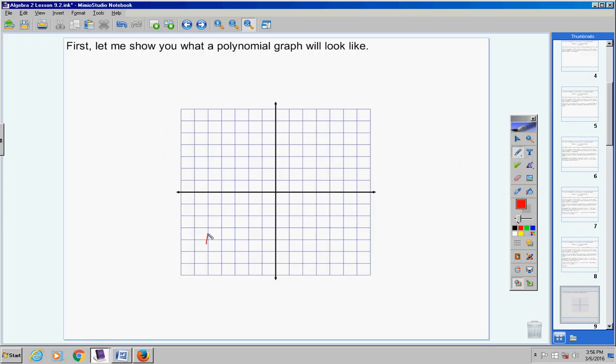You might have a really high turn, then a couple little low turns like this, then it comes back up again. They come in all kinds of shapes and sizes, depending on whether it's a first degree, second degree, third degree, fourth degree, fifth degree, sixth degree, seventh degree, etc. And remember, in the first lesson in this chapter, we learned about degrees of polynomials.